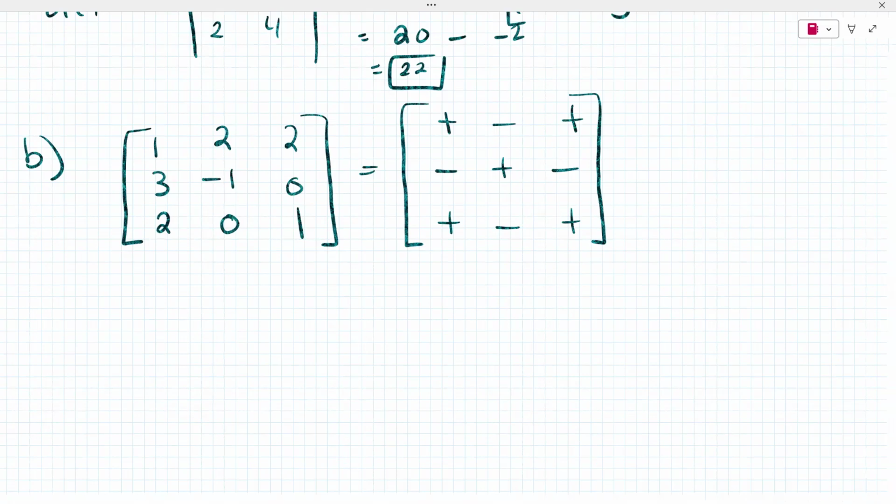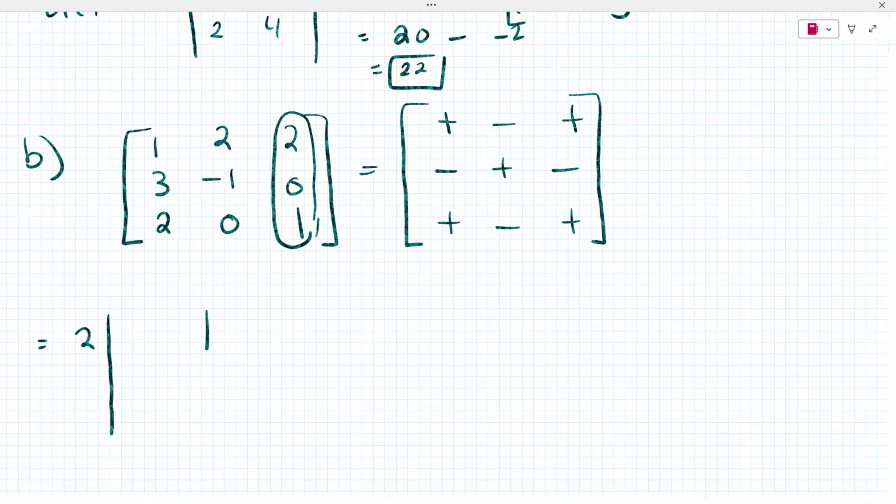What if I decide to take this column? According to this chart, the cofactor of 2 is going to be positive, this 0 is going to be a minus, and this 1 is going to be a positive. Start with the 2: this is positive 2, so you put a 2 here.